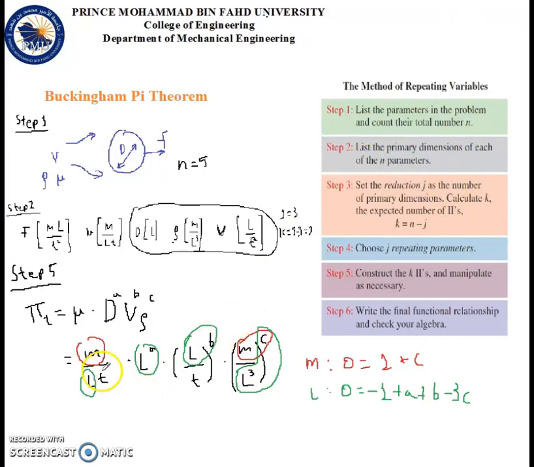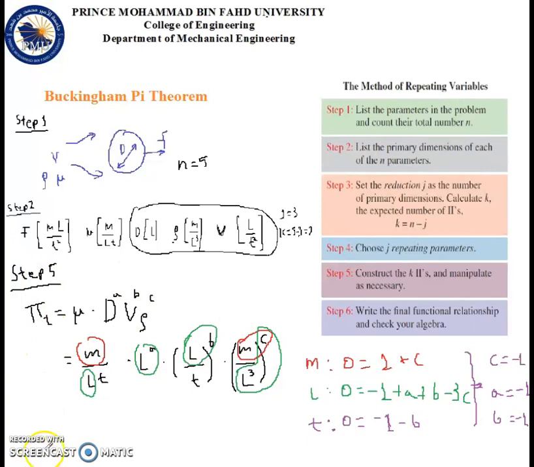And finally, for the time, 0 must equal minus 1 minus b. We have a system of 3 unknowns, a, b, c, and 3 equations, and we can easily solve it and find that c is minus 1, b is minus 1, and a is minus 1.